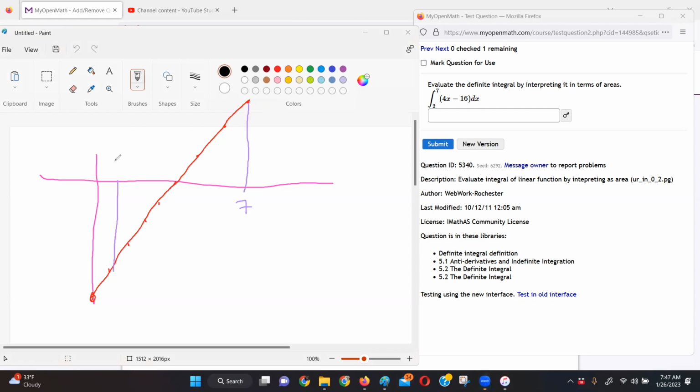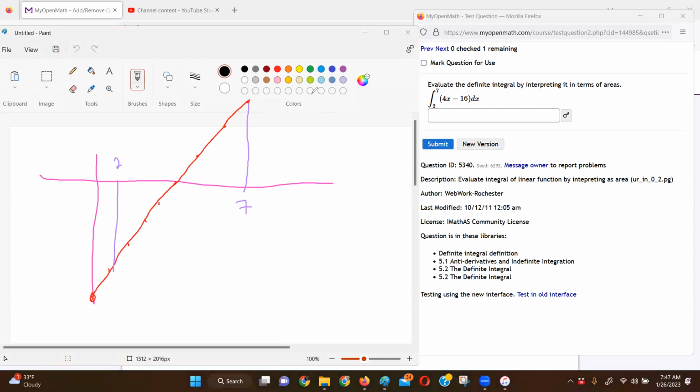I don't know if this is the scale, but what I do want you to see is, do you see how we've got negative areas and positive areas? Some is below the x-axis, some is above the x-axis. That's why it's good to graph it, to see what's going on.